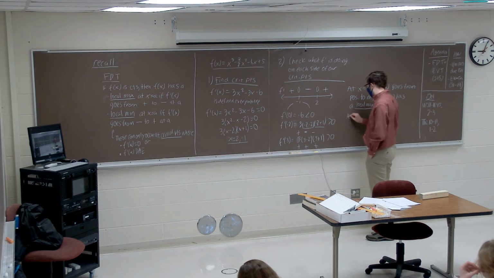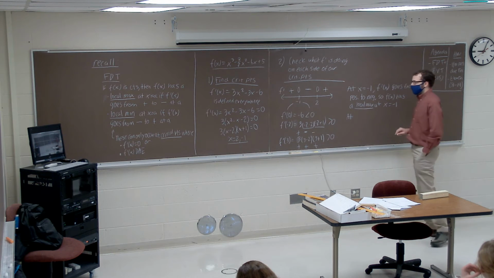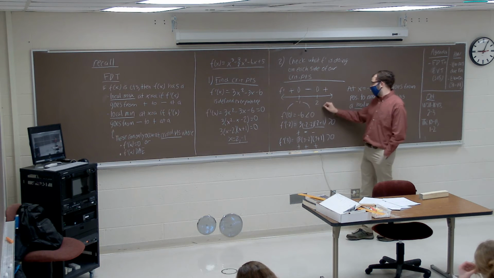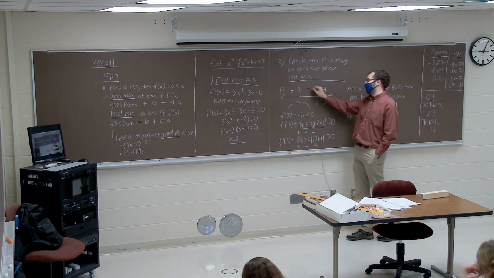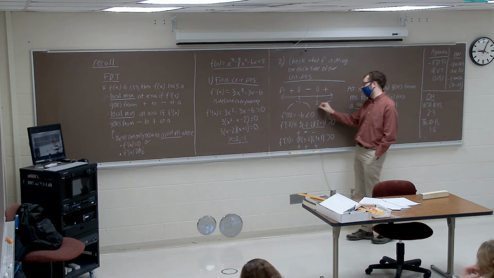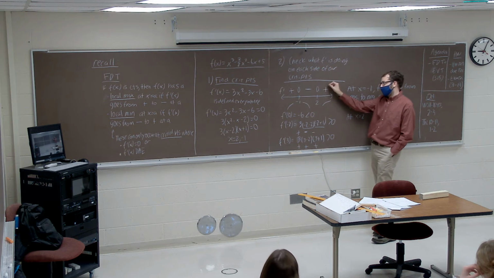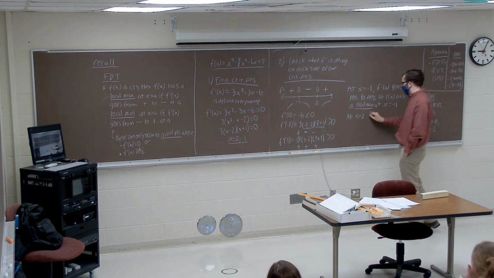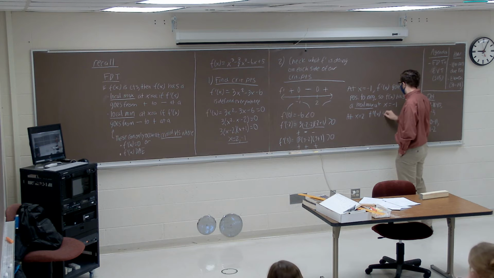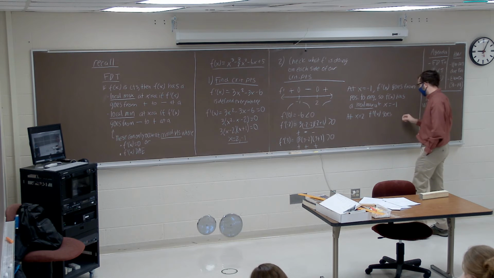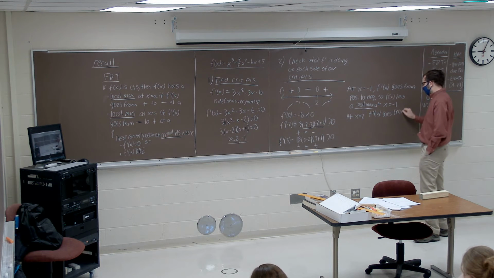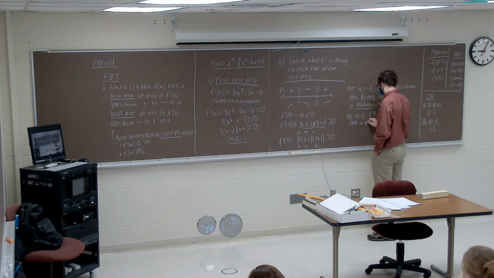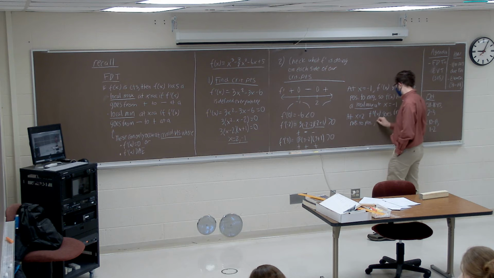And similarly, we want to look at x equals 2. We can see that our function goes from having a negative first derivative, so it's decreasing, to having a positive first derivative, so it's increasing to the right of 2. So f prime goes from negative to positive, or minus to plus.